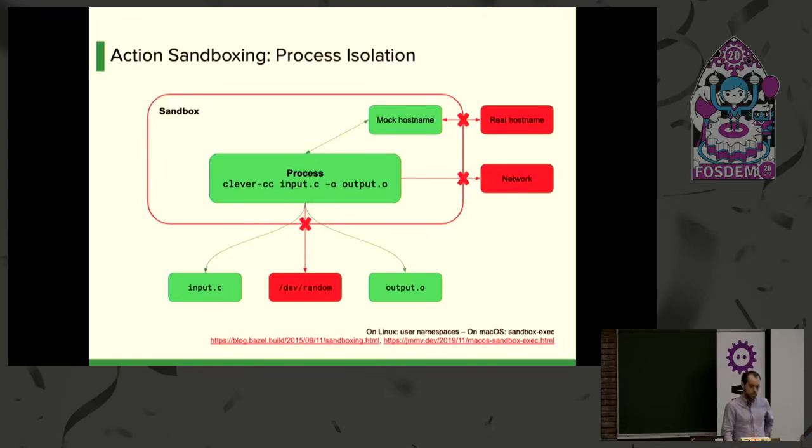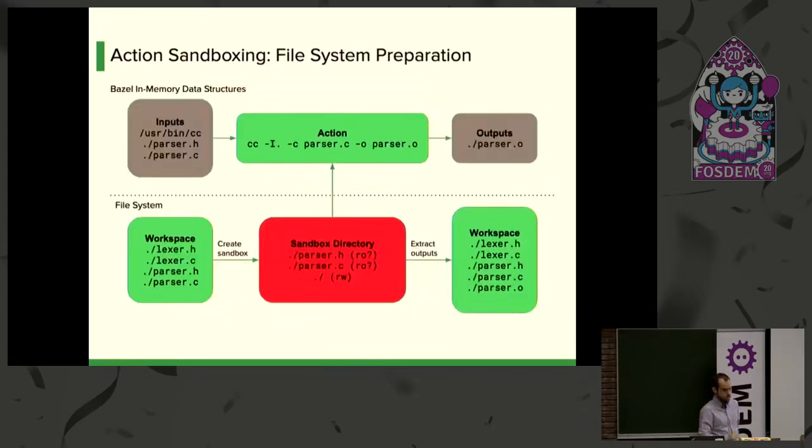What we want to look into is how we actually prepare the file system for this to work, right? Because we have to run this command somewhere. And the way we do this is we create kind of a root environment for the command. So essentially, we have the same data structure as before, but now when we want to run this command, the cc binary, instead of running it in the source tree, we create a separate sandbox directory that contains only the things that we want the compiler to have access to and see.